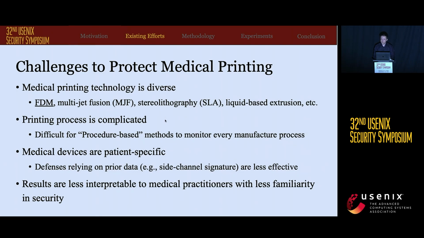Secondly, the printing process is even more complicated, and therefore it becomes challenging to monitor every single manufacturing process. Thirdly, medical devices are designed to be patient-specific, and therefore it is hard to rely on prior data. And lastly, after communication with medical practitioners, we found that it is generally hard for them to interpret the security analysis results, since they have less familiarity with security.